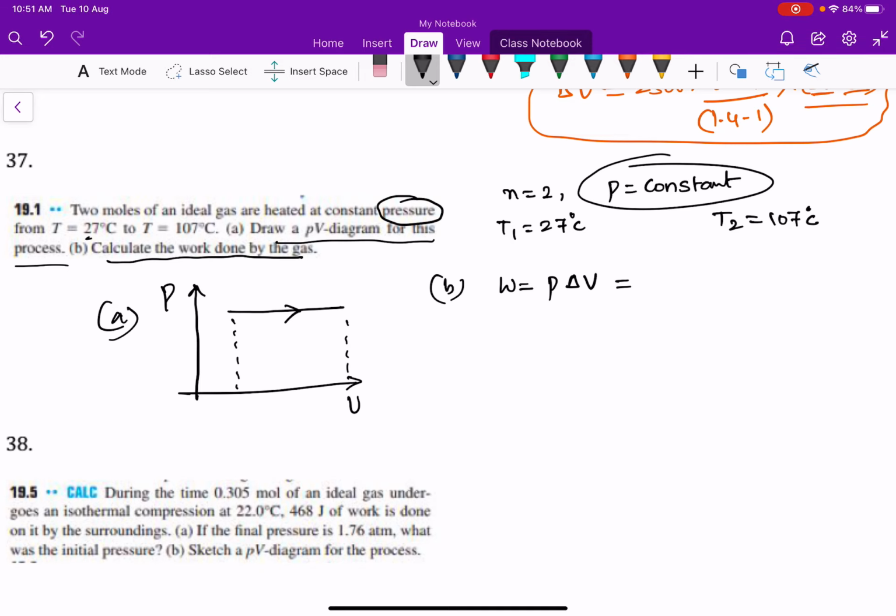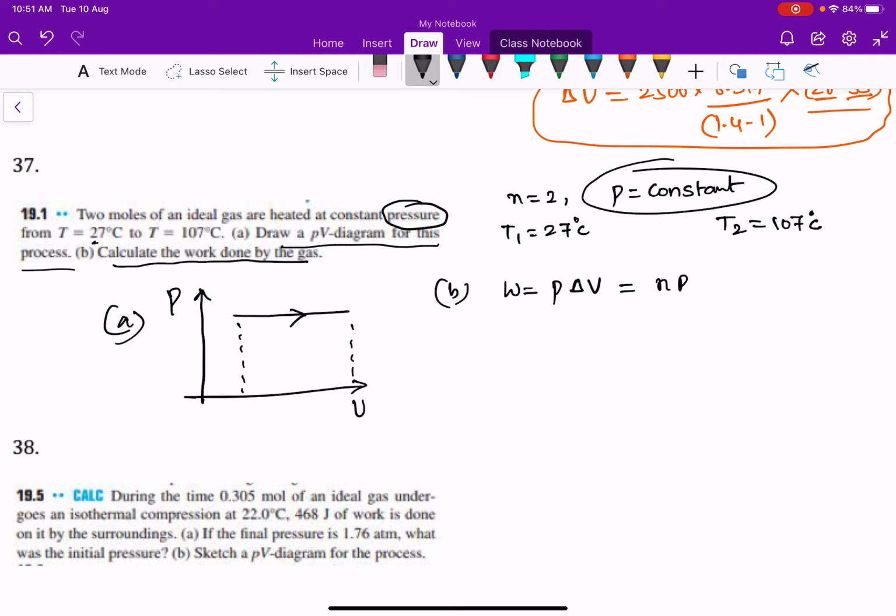We know P delta V is nothing but nR delta T. So how do we get this? Because we know PV is equal to nRT. So at constant pressure, if volume changes, temperature also changes, nR delta T. So I have simply written P delta V equal to nR delta T.